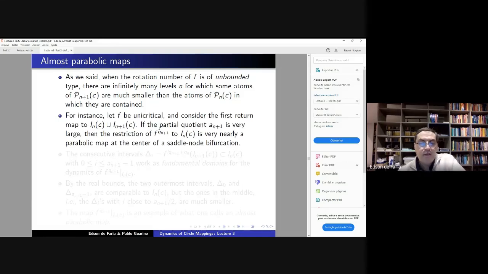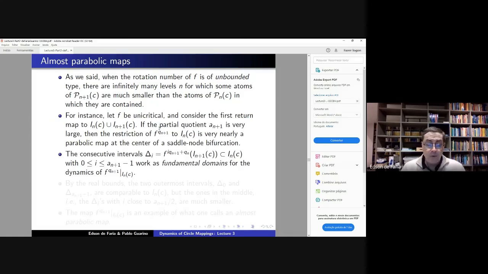So if the partial quotient a_{n+1} is very large, then the return map f^{q_{n+1}} restricted to I_n, the return map to the union, is almost parabolic. You see an almost tangency with the diagonal when you draw the graph of this map. So it almost has a parabolic indifferent fixed point, which corresponds to a parabolic periodic point for f.